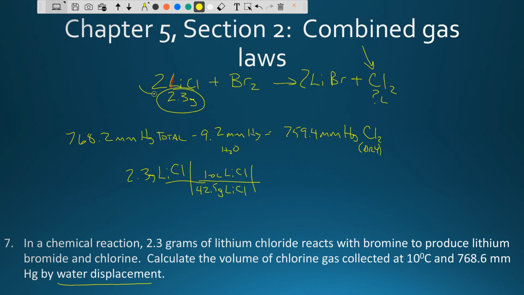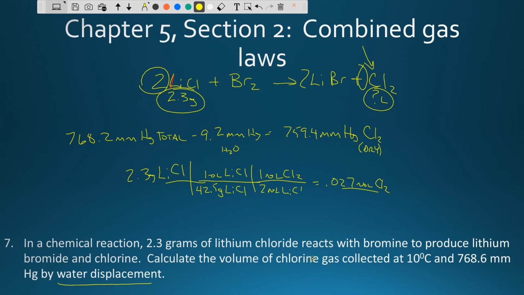And then I take a look and I've got 2 of these for every 1 of these. So 2 moles of lithium chloride to 1 mole of chlorine gas. This is going to give me 0.027 moles of chlorine. Now, remember, they're looking for liters, aren't they?